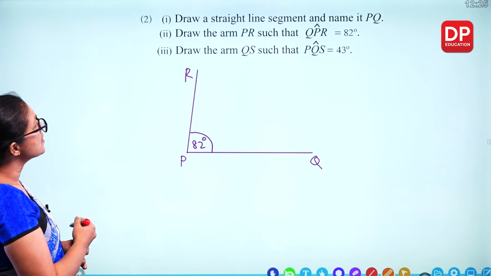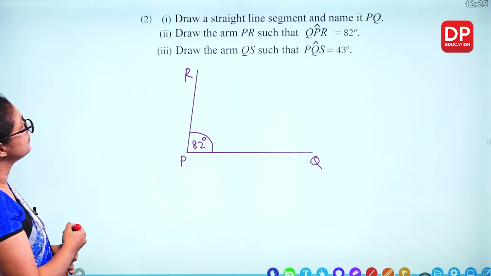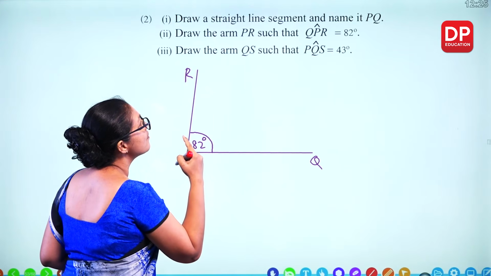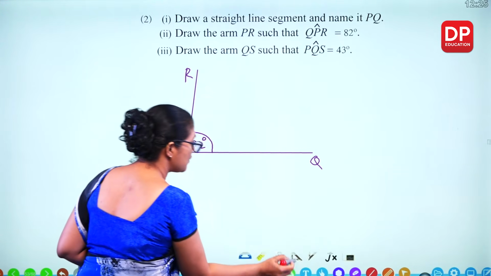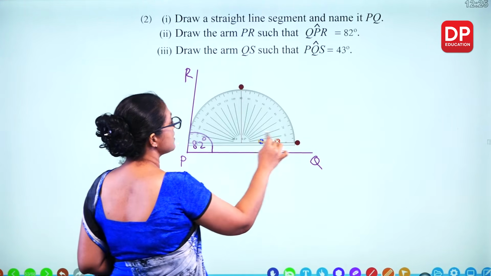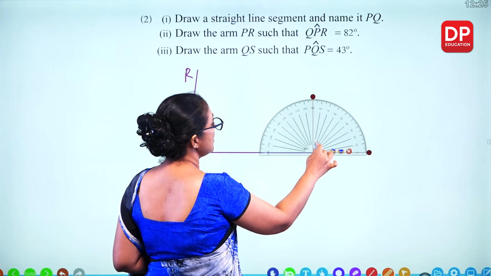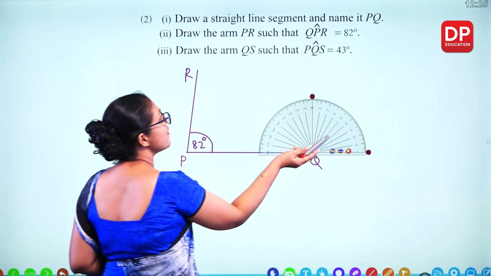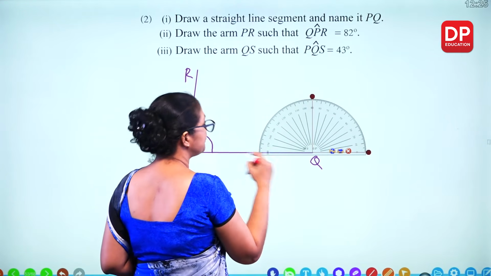Draw the arm QS such that PQS is 43. So Q is the point here. Now the angle is 43. So take the protractor and measure 43 degrees, other way around, from here to here.